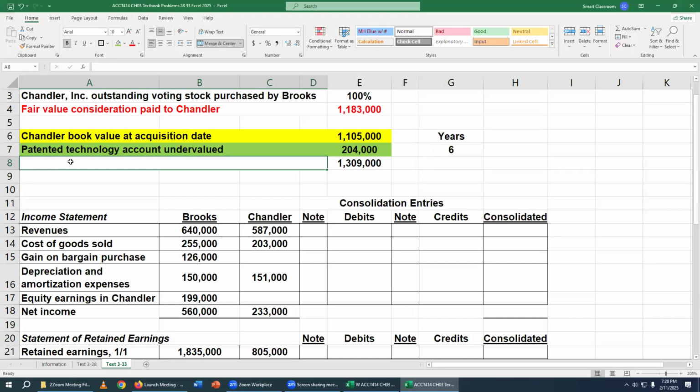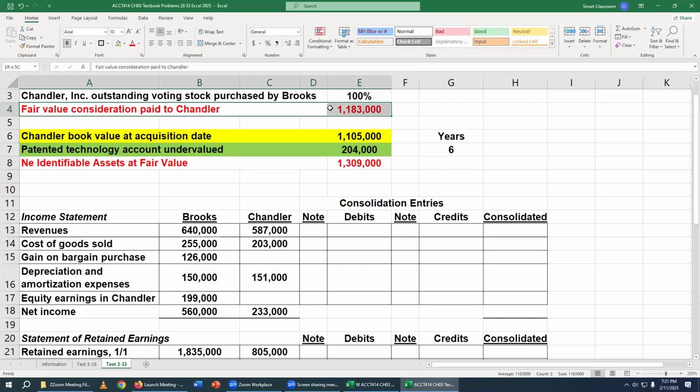This is a net, I should say net identifiable assets at fair value. So notice the odd thing here.